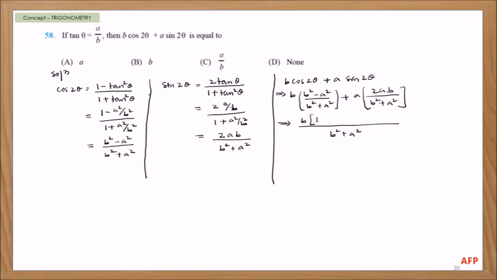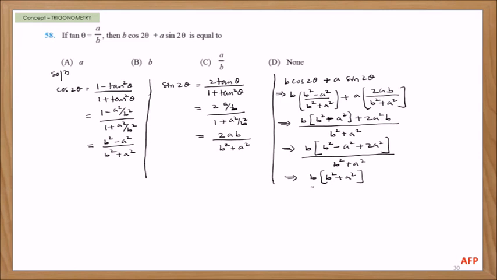So b as it is, b square minus a square, plus 2a square b. So in the numerator, if I take b outside, so b times b square minus a square plus 2a square.